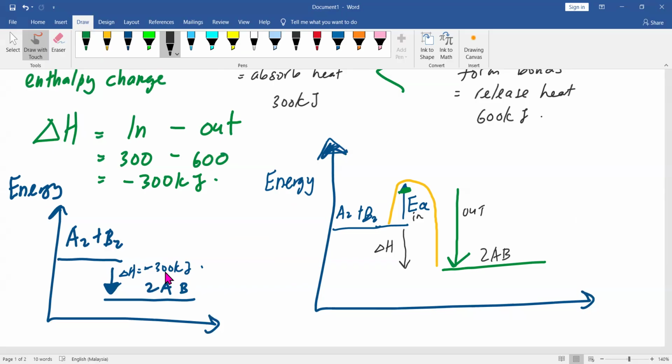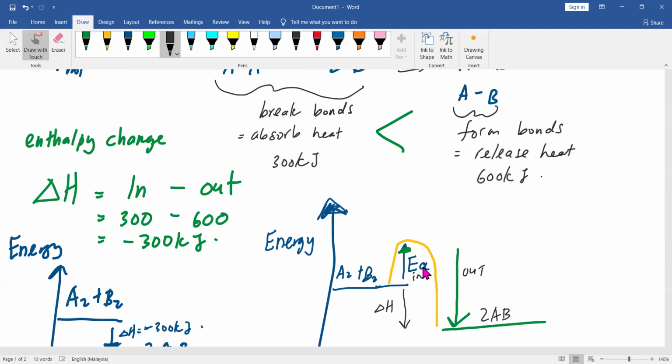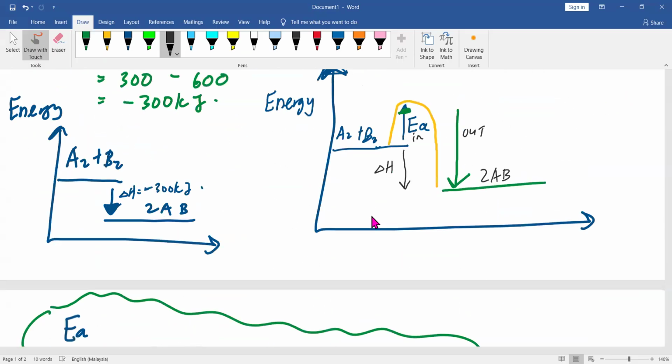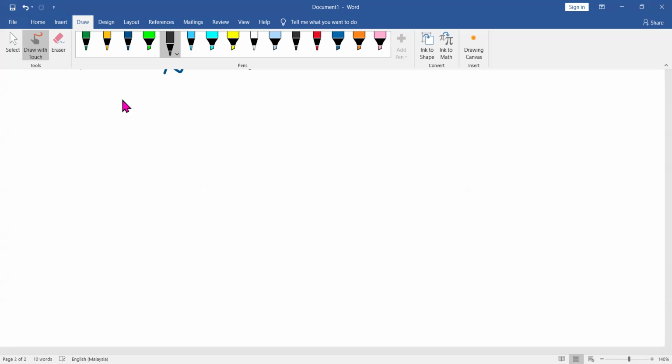Okay, can? Okay. Get it? Easy, yeah? So endothermic, to me, is very easy lah. Endothermic is the other way around lah. So x2 plus y2 become xy2.